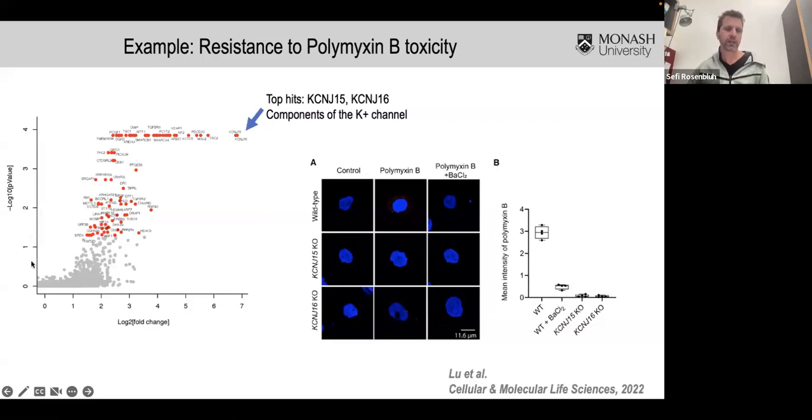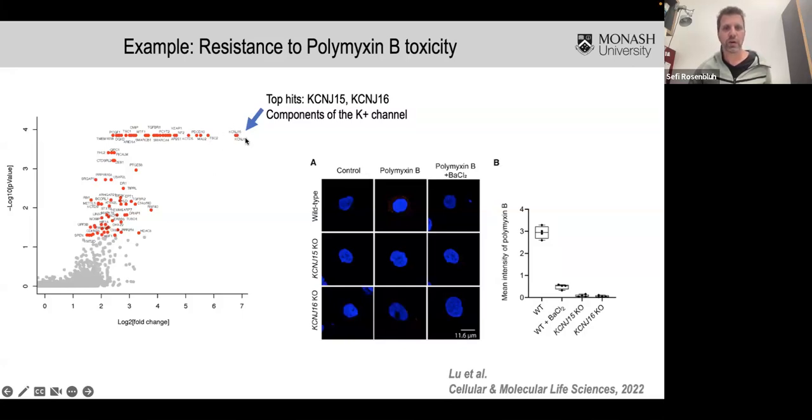And this is what a screen like this looks like. You can see here the magnitude, the log2 fold change, and the significance, or the p-value. What we found is there were multiple hits, but these two hits were very clear winners.